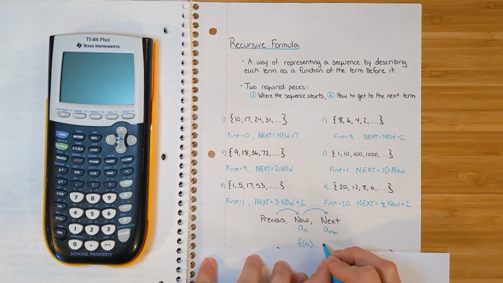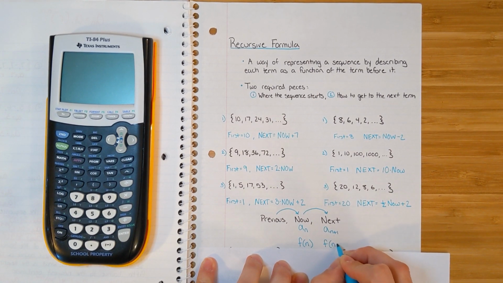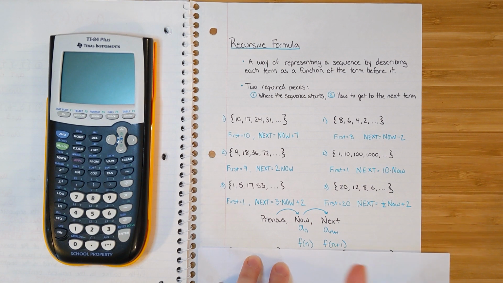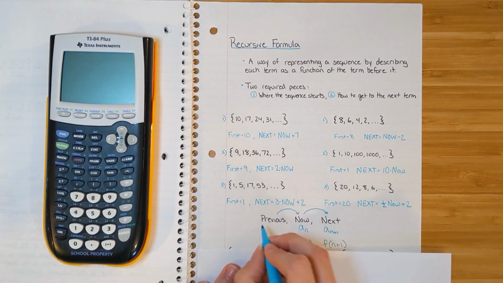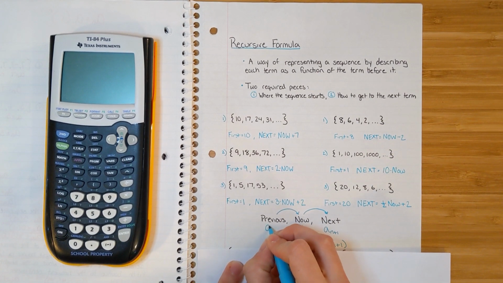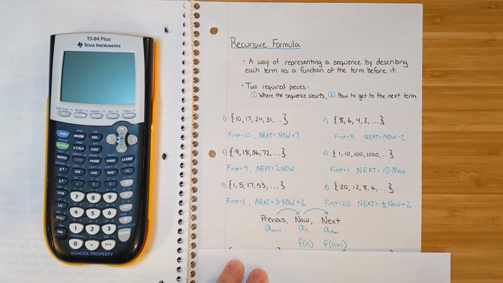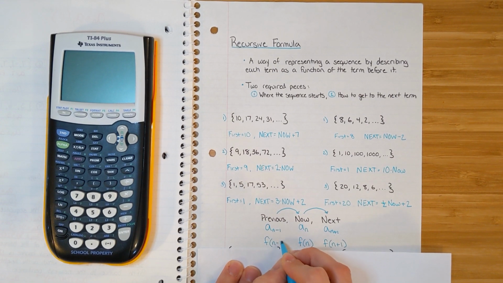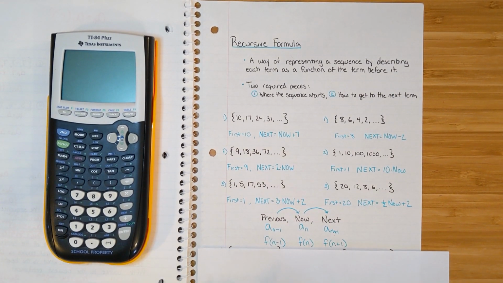Similarly in function notation, the next term is going to be represented by f of n plus 1, because I'm just talking about one more spot over in the sequence. It's not used as frequently, but the previous term is going to be this spot minus 1. You're taking it back 1, so this would be a sub n minus 1. And in function notation, again, we would just take that n minus 1 and put it in the parentheses.